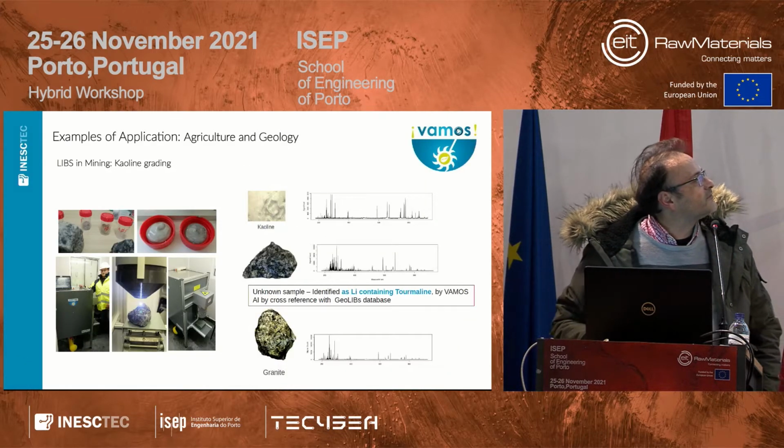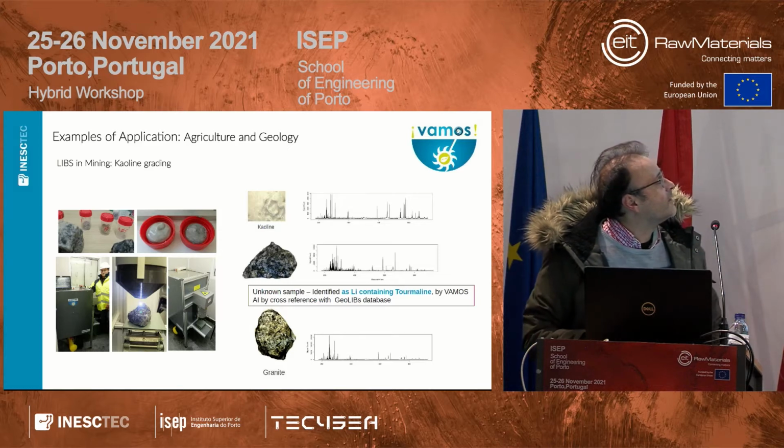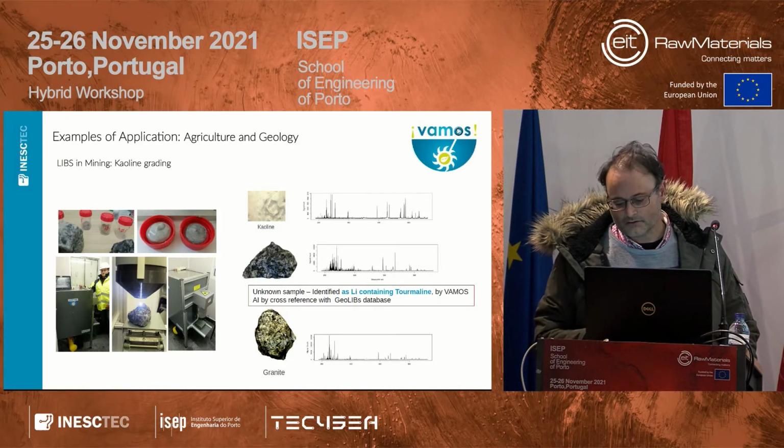In another example, we took this LIBS that we developed at INESCTEC, and we took it to a kaolin mine, where it was possible to use the LIBS to make kaolin grading, the quality of the kaolin.